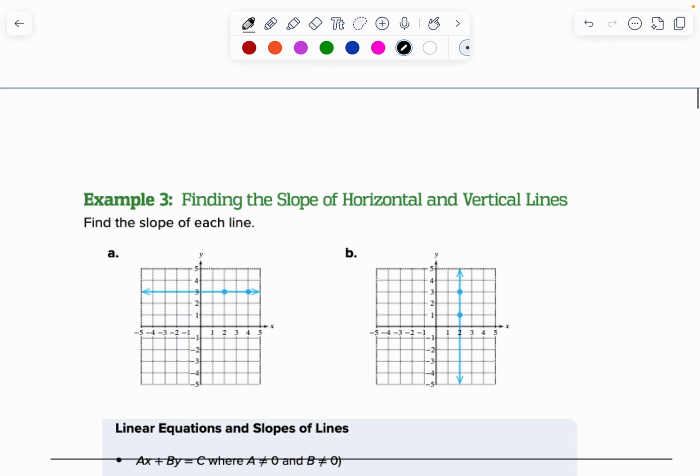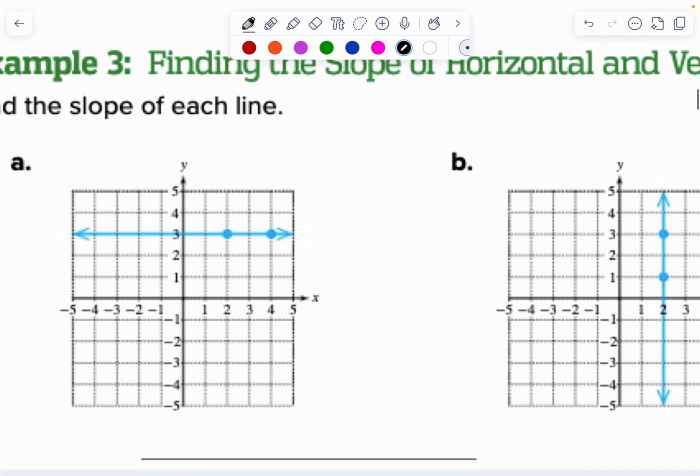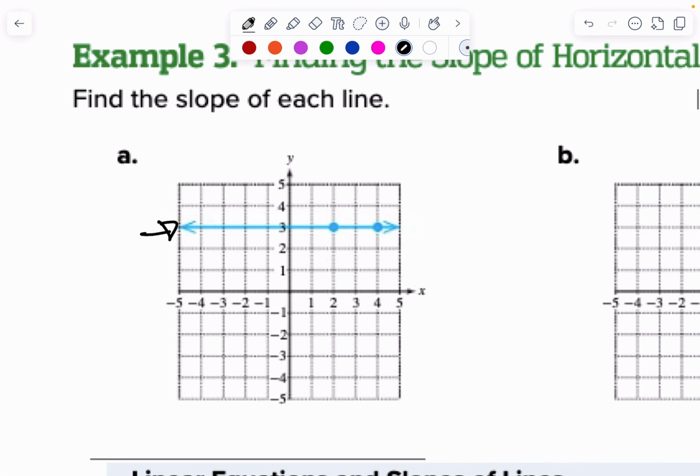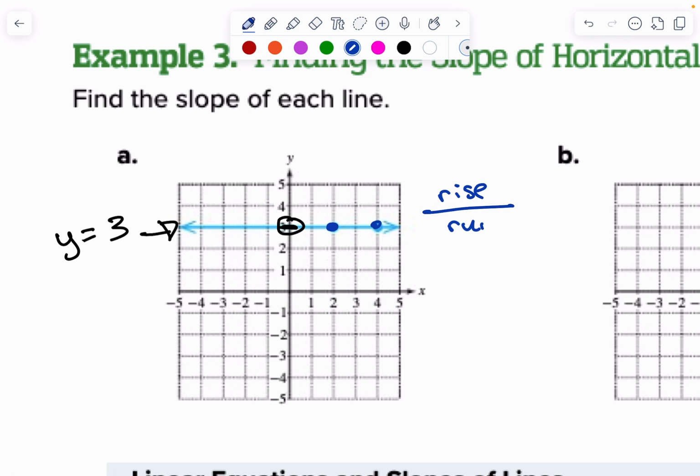Example 3. Finding the slope of horizontal and vertical lines. All right, I like it. And they put dots on here. That's perfect, okay? So this line is going through the y-axis at 3. So this is the equation y equals 3, but it doesn't look like it has a slope. What is the slope there? If I try to manually find the slope as rise over run, let's play this out.